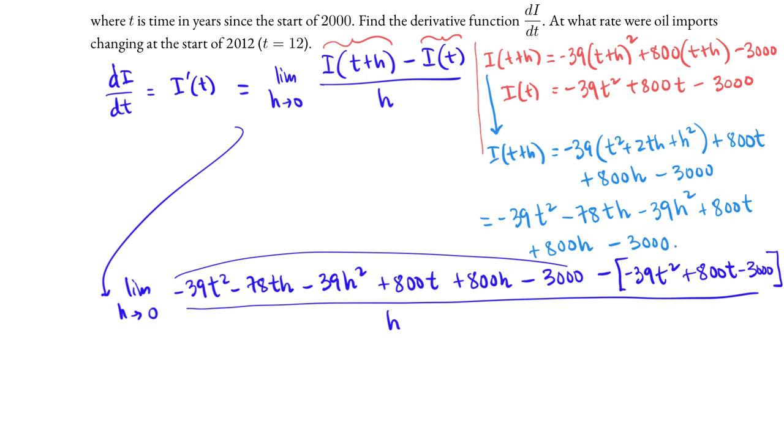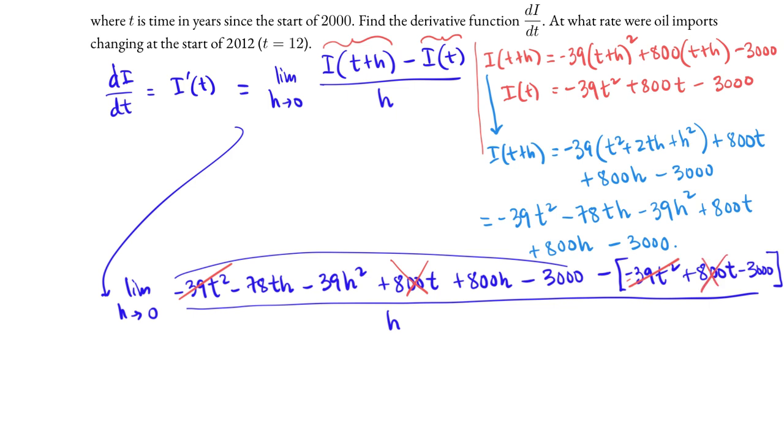And then we will attempt to simplify the numerator first. Negative 39t squared minus the same thing, so they cancel out. Similarly, 800t minus 800t cancels out.